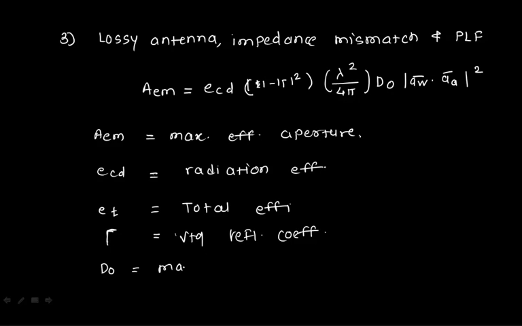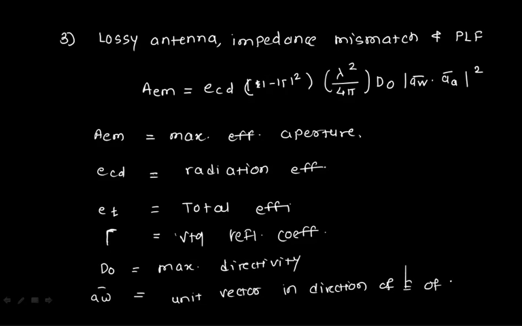D0 is the maximum directivity. AW we have already seen, it is a unit vector in the direction of the electric field of the wave. And AA is nothing but the unit vector in the direction of the antenna axis. So AA is nothing but the unit vector in the direction of the antenna.